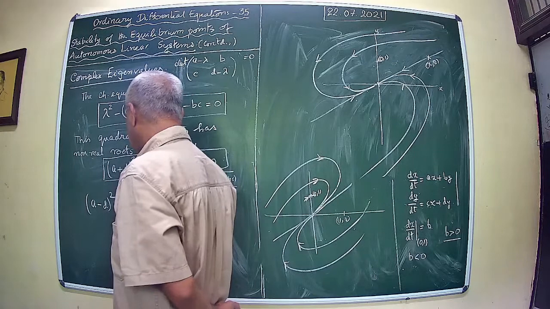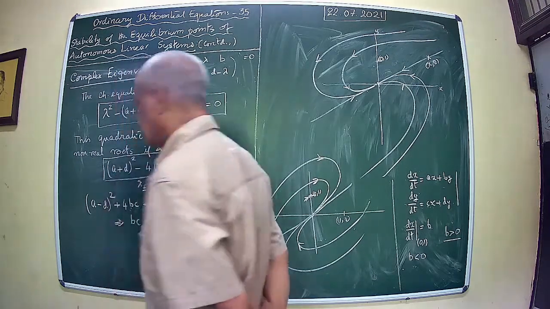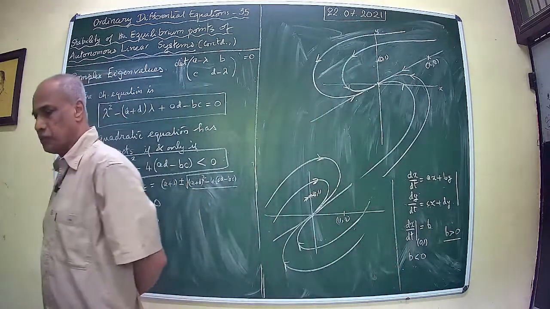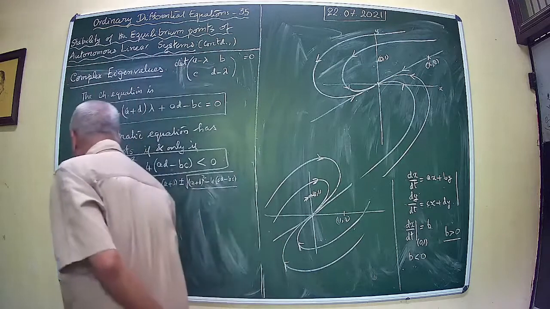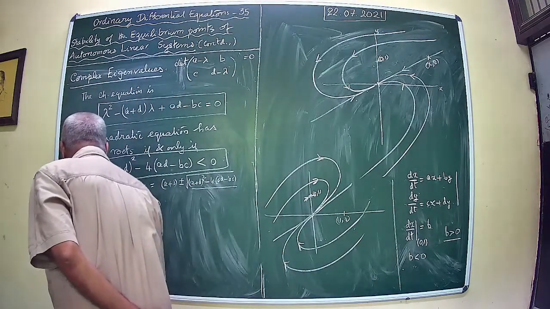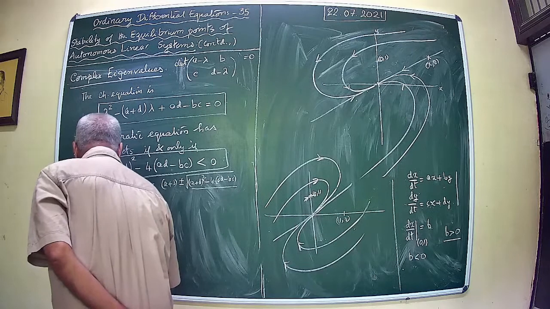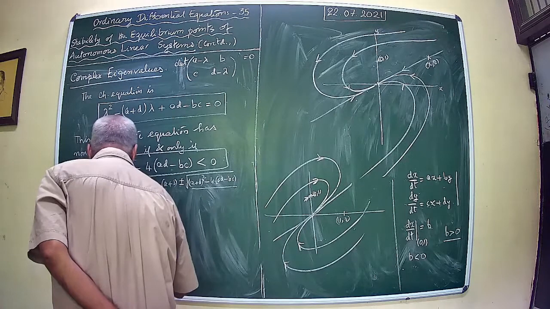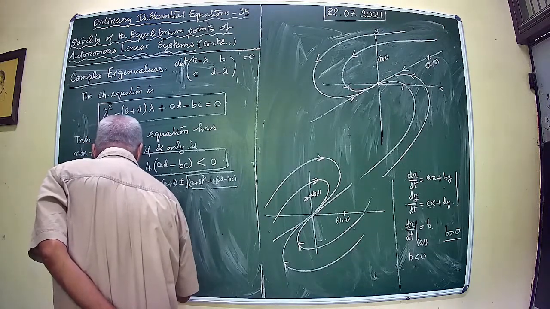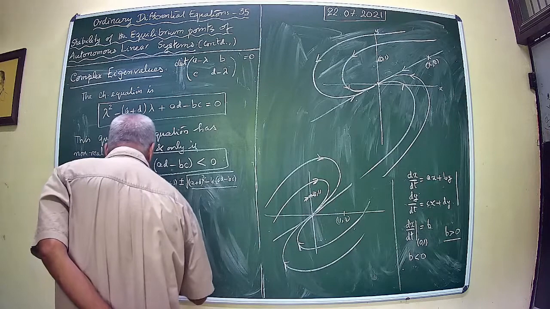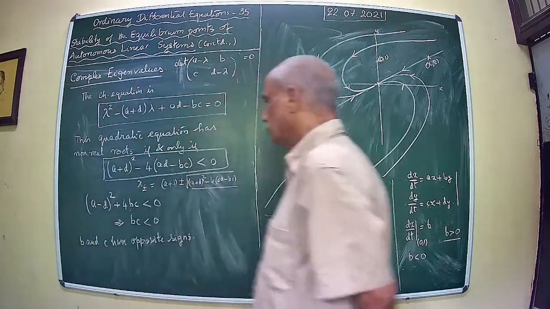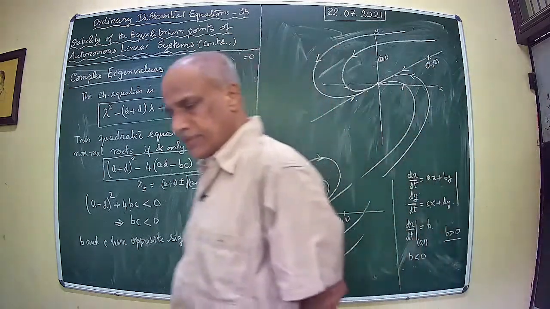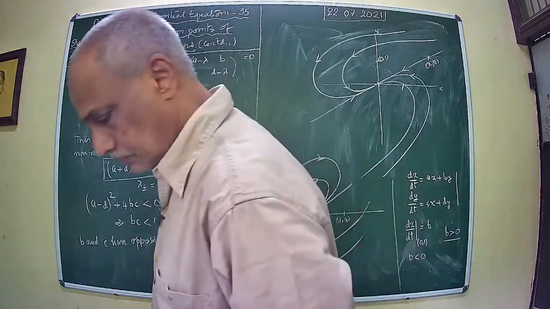So bc is less than 0. So b and c should have opposite signs. That is the inference that you get immediately. Okay.